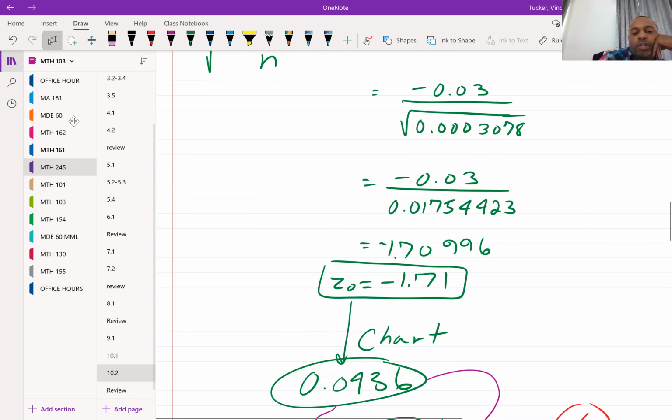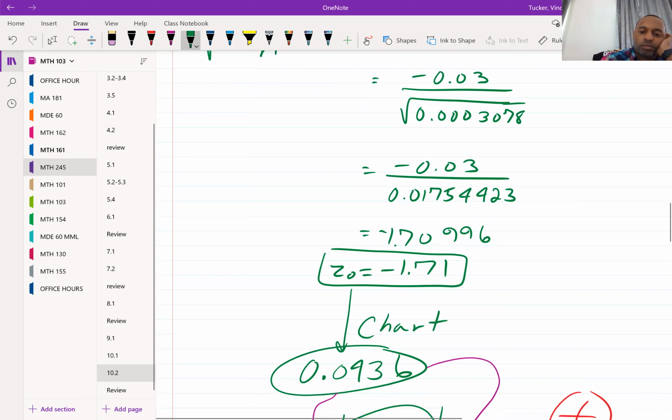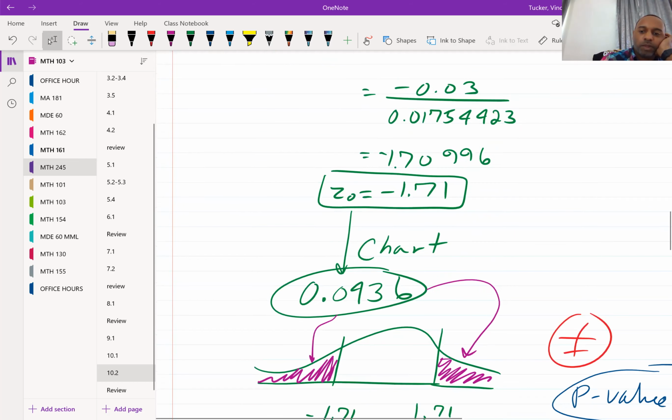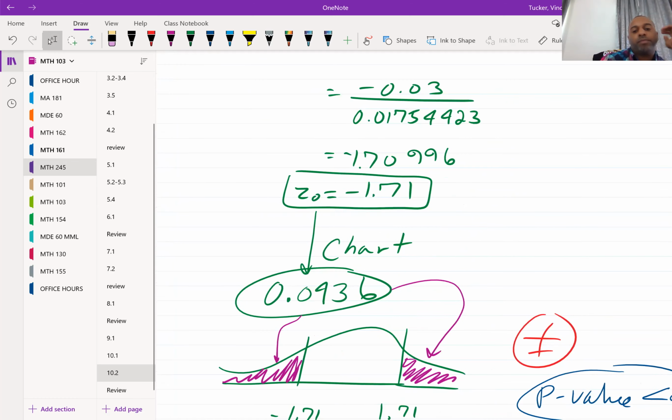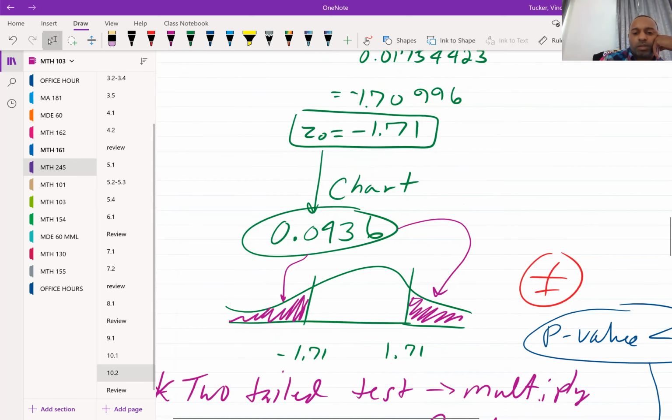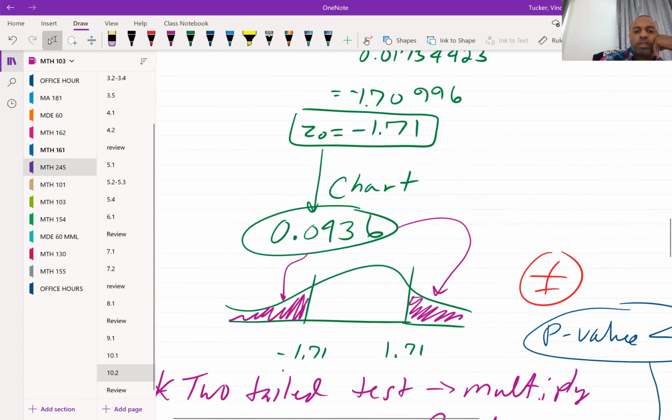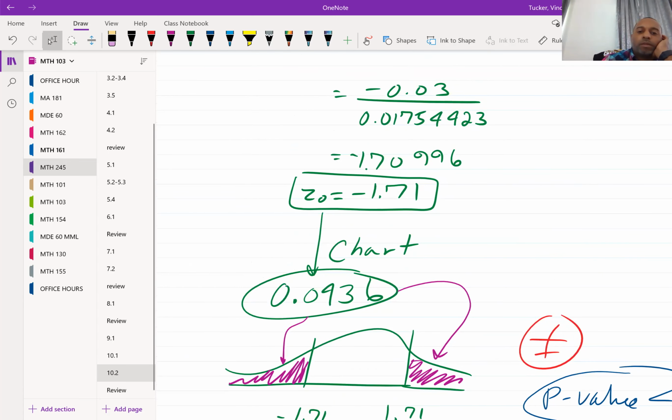So once again, go to the chart. And that's going to give us 0.0436. So we don't forget that we have a two-tailed test this time.